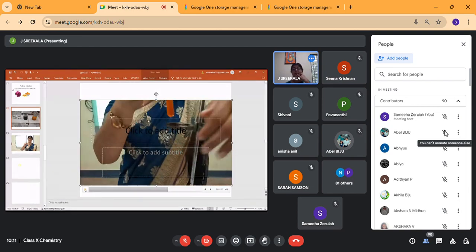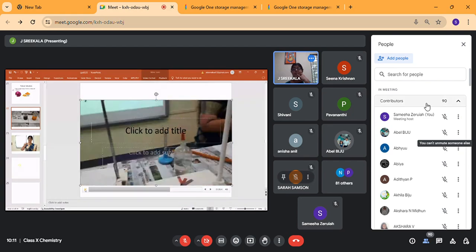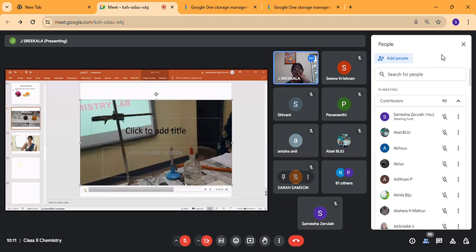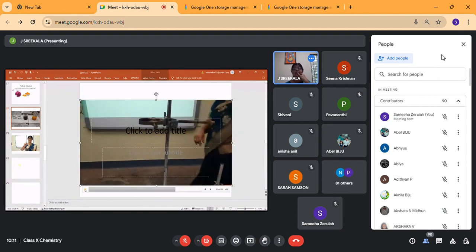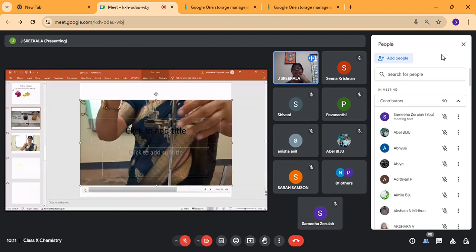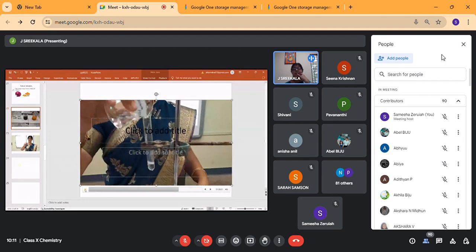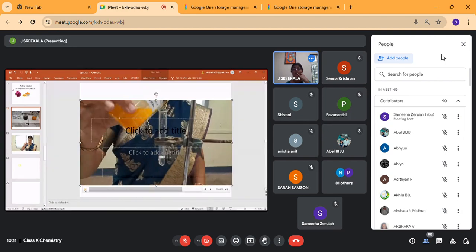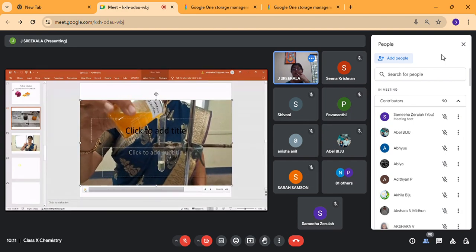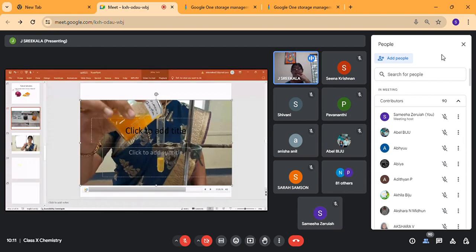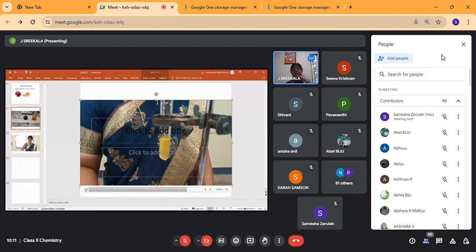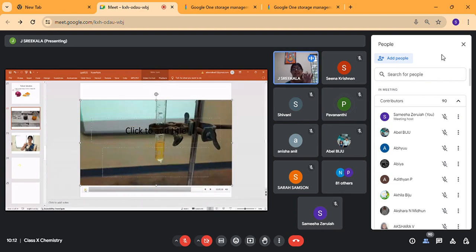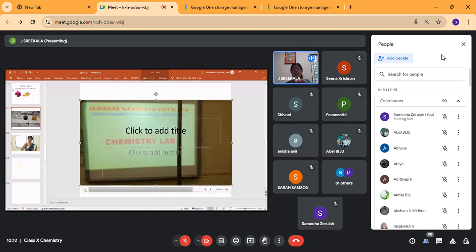We'll see. Earlier it was base, no? Yes, sodium hydroxide was taken and turmeric was added.